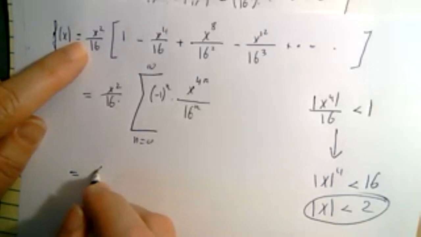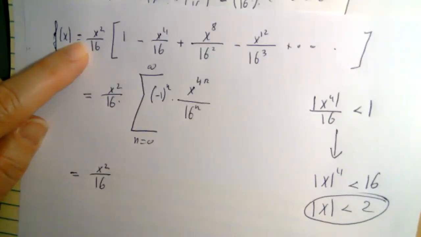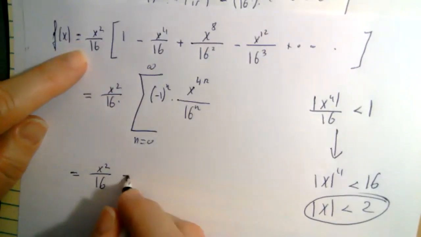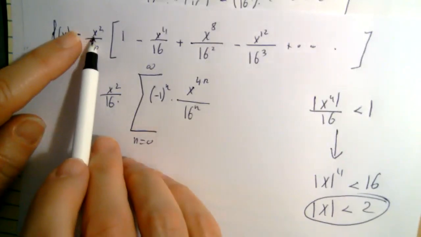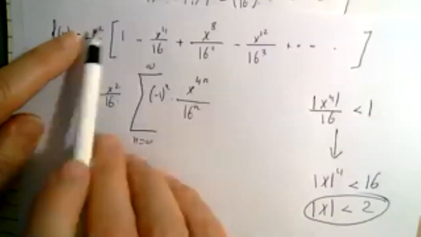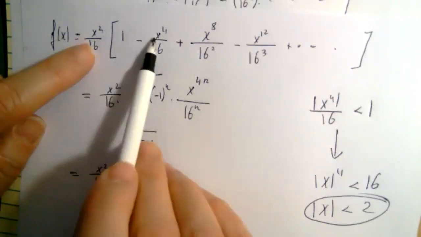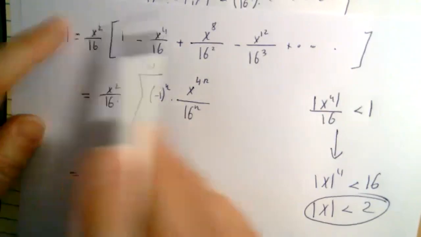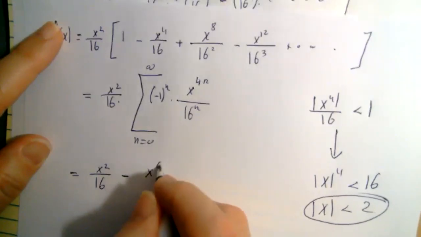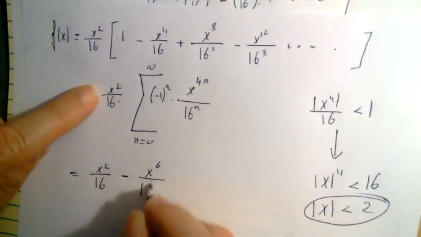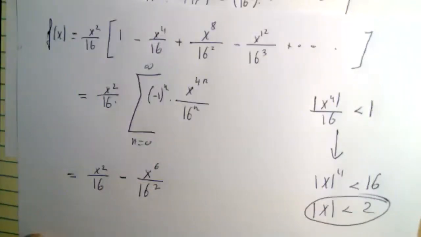So I'm distributing, giving me x squared over 16 minus. I'm distributing, so I have to multiply x squared by x^4. Since I am multiplying the same base x with a different exponent, I'm going to add the exponents. So 2 plus 4, that's going to give me x^6 over 16 squared.